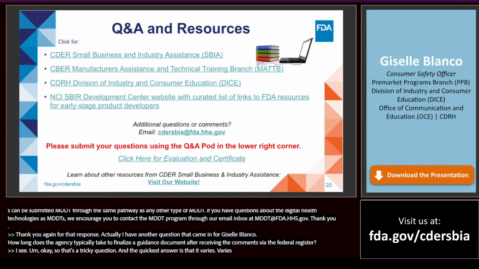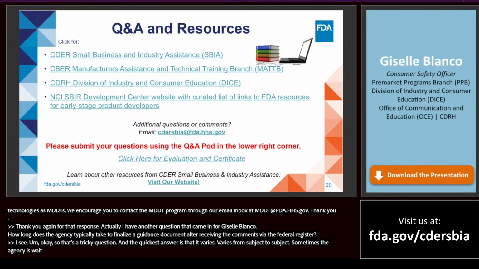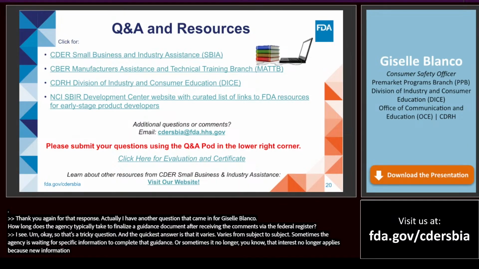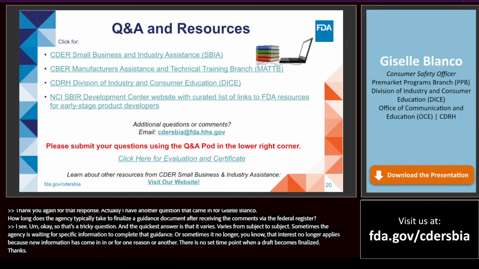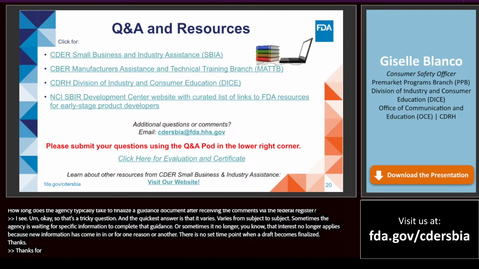Sometimes the agency is waiting for specific information to complete that guidance, or sometimes the guidance just no longer applies because new information has come in, or for one reason or another. So there is no set time point when a draft becomes finalized. Thanks.